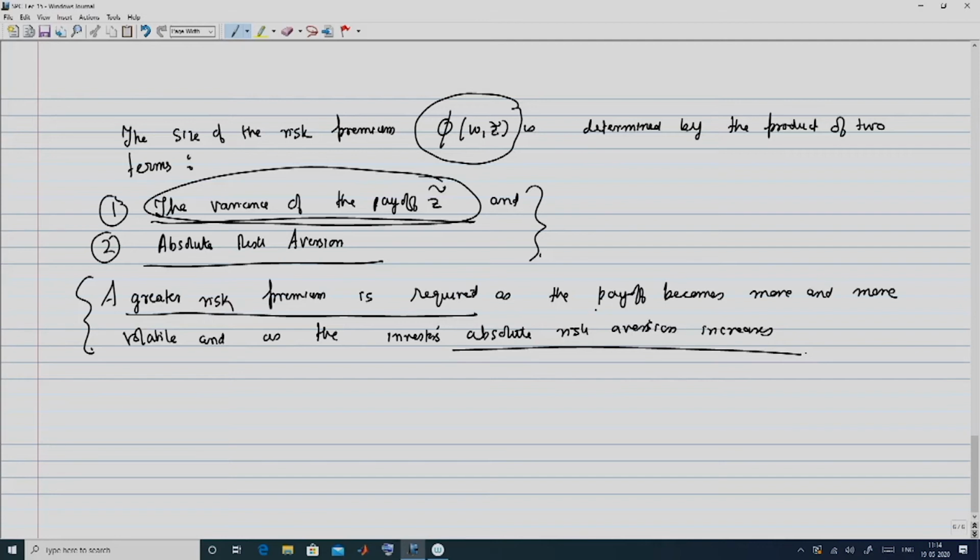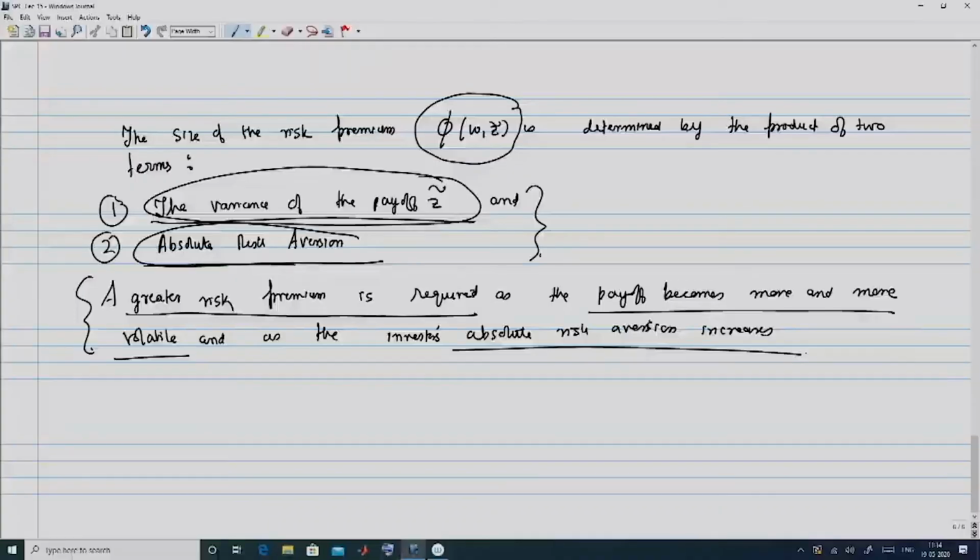So, this means that the payoff becomes more and more volatile, resulting in sigma Z square increasing, and consequently the risk premium increases. The other scenario is that if the absolute risk aversion increases, then also it will result in an immediate increase of risk premium.